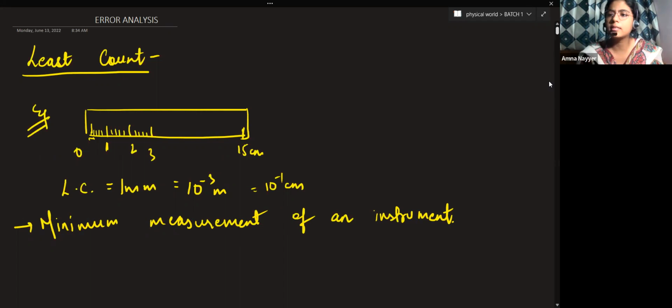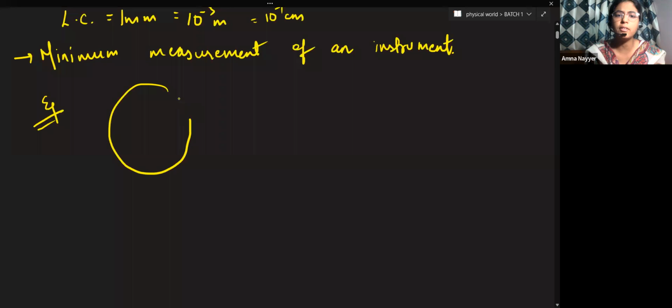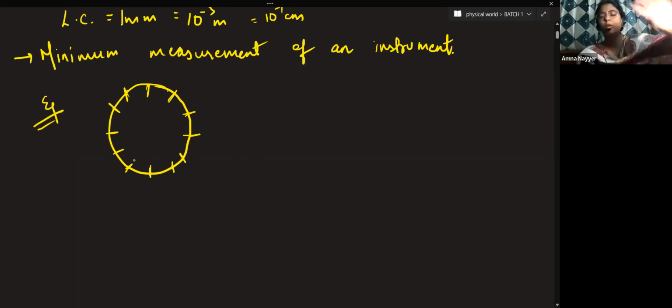Or let's take more examples. For example, your wristwatch, or let's say I have taken a watch. It also has calibrations. These bigger lines are there, starting from 1, 2, 3 till 12, and in every clock they are there.